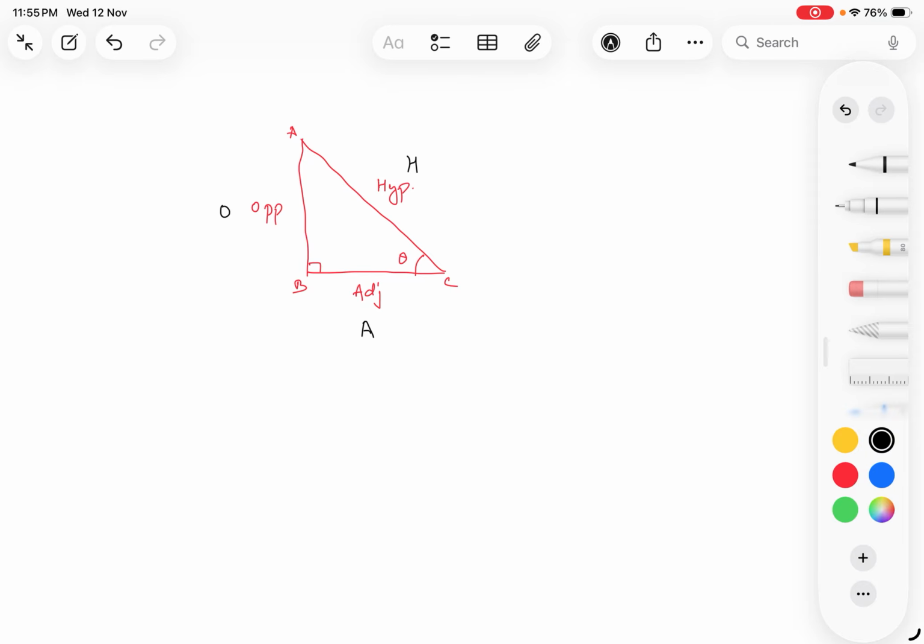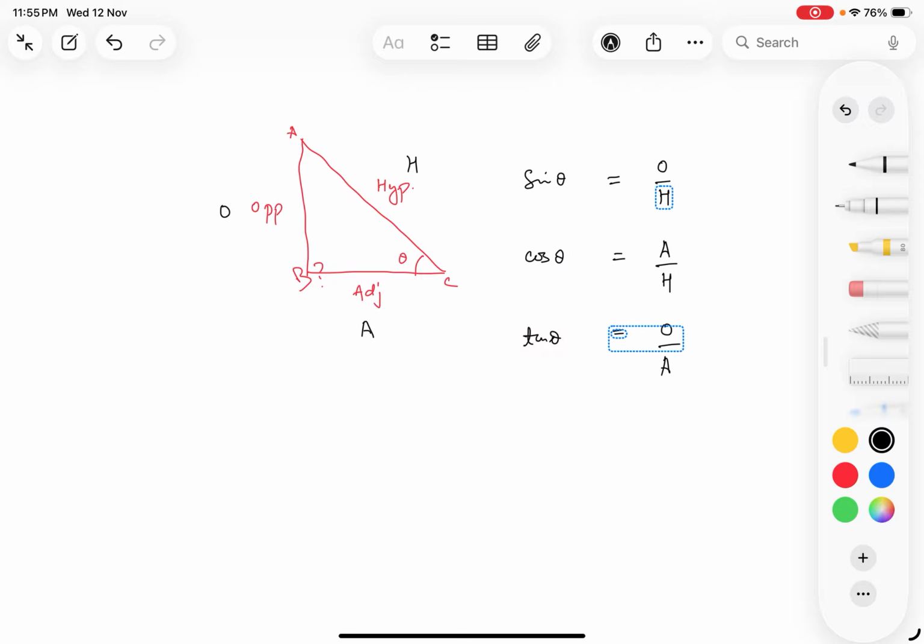Now we have three trigonometrical ratios: sine theta, cos theta and tan theta. Sine theta is opposite upon hypotenuse, cos theta is adjacent upon hypotenuse, tan theta is opposite upon adjacent.